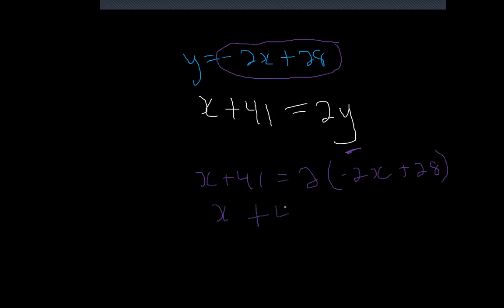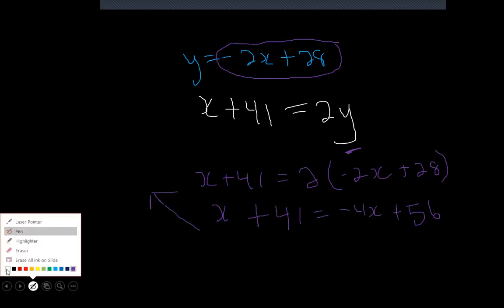All we're trying to do now is solve for x. Just transposing. So 2 times minus 2x, that's minus 4x. And 2 by 28 is plus 56. Just transposing now.